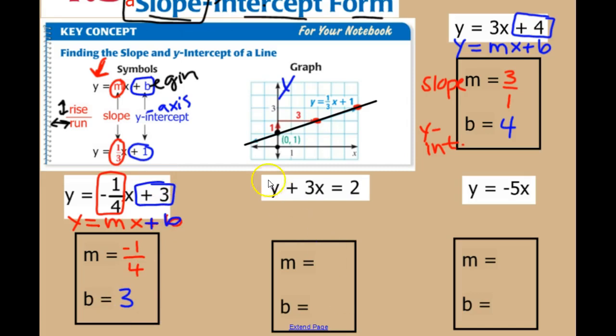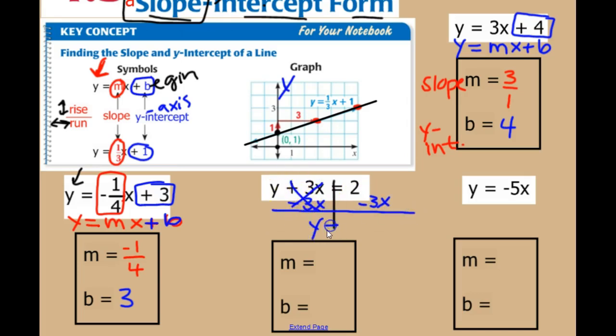This next one's a little bit different though because y is not all by itself like it was in the other ones. So we actually have to solve this for y. So leave the y here, we need to move this 3x. It's a positive, so the opposite of adding 3x would be subtracting 3x. So 3 minus 3 is 0, those eliminate.